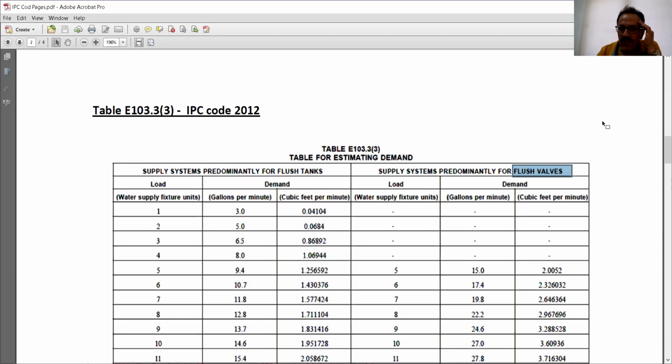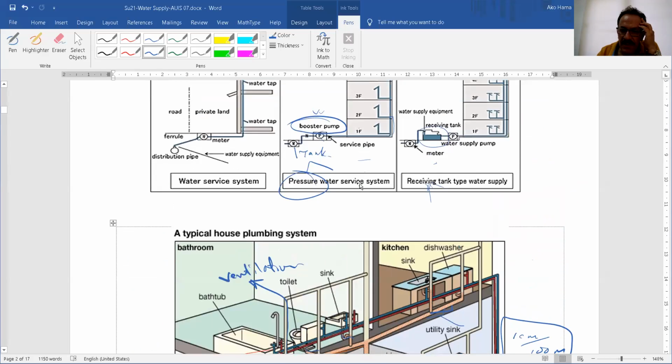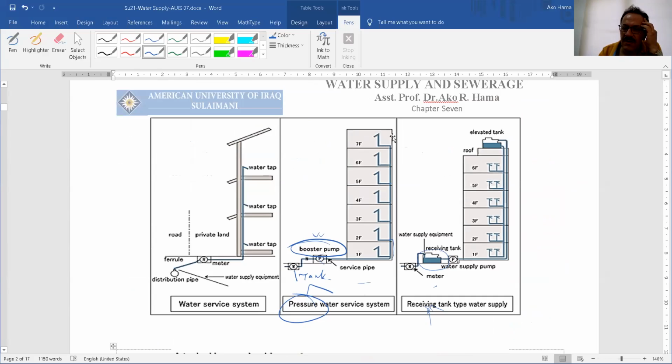Again, for the flash types, you can go back to this picture. It will tell you what the difference is. This is the tank, called flash tank. This is called flash valve. So having this type is called flash valve, and here is having flash tank.